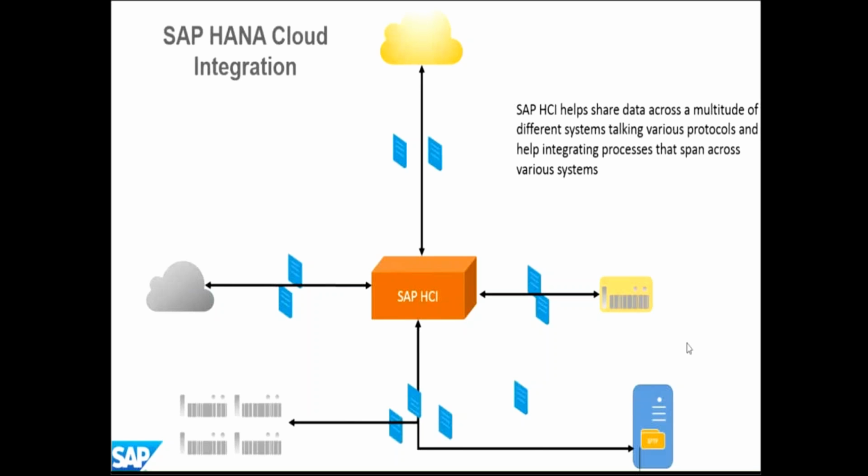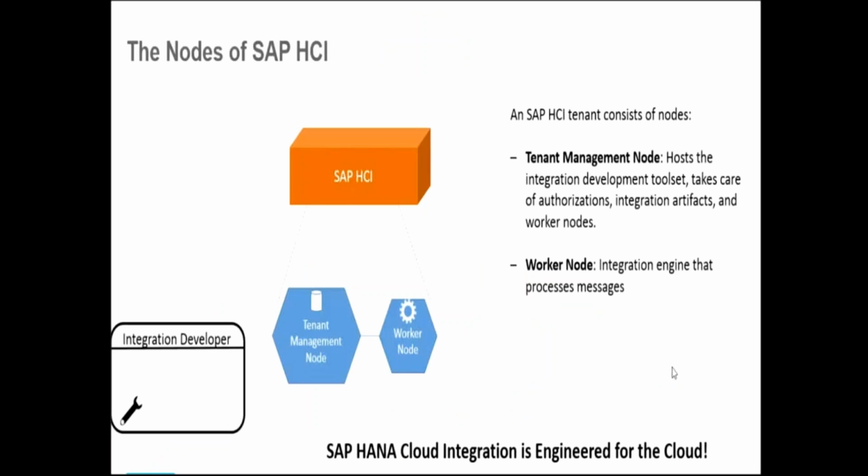To achieve that type of uptime, SAP has created an architecture called the tenant management node and worker node concept, or the node concept of your HCI. This is not only specific to your HANA Cloud integration; this is also seen for your other SAP cloud solutions also.